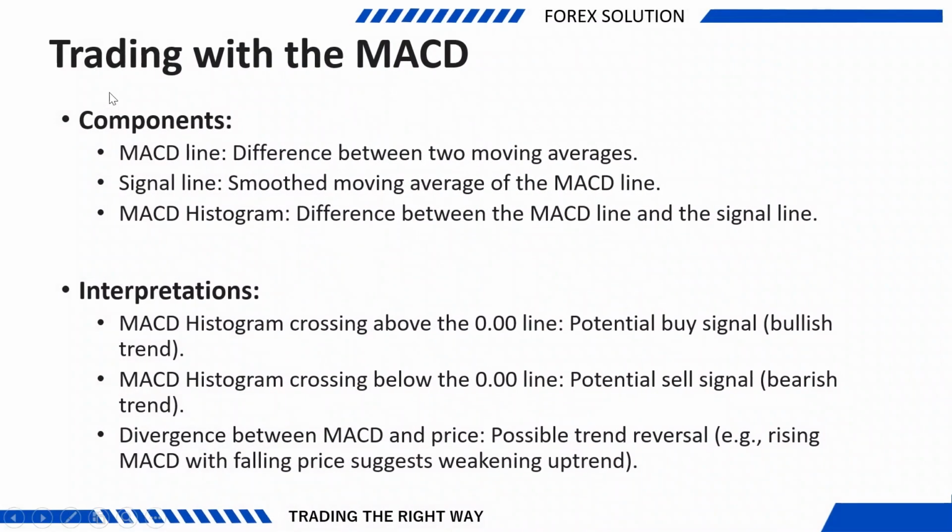Let's proceed. So MACD is kind of complex. Let me just say that it's complex, but I'll make it simple. MACD has three components: the MACD line, the signal line, and the MACD histogram.